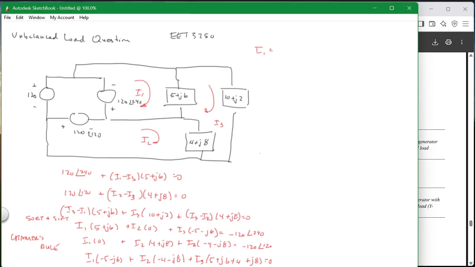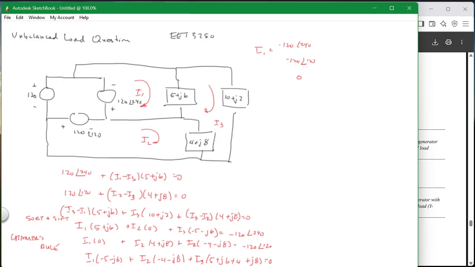If you want I1, you take the column over on the right and put it into the I1 column. So you say minus 120 at angle 240, minus 120 at angle 120, and 0. And then the other two columns are the columns that you have here. So the I2 column would be 0, 4 plus J8, and minus 4 minus J8. Does everybody see that?